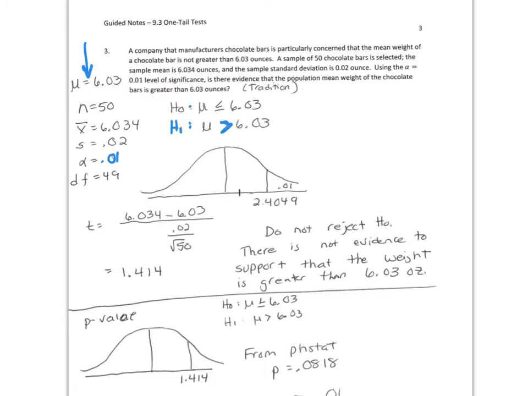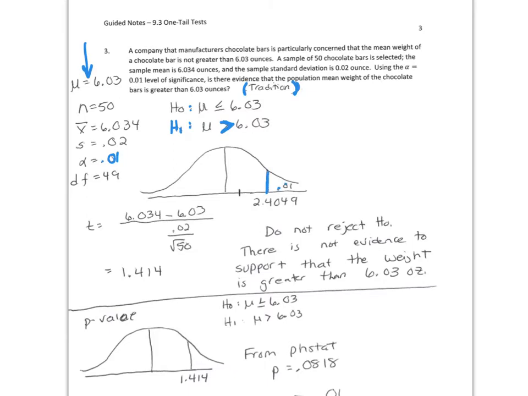That means H sub 0 has got to be everything else, otherwise known as mu is less than or equal to 6.03. We are doing what method here? We're doing the traditional, critical value approach. So the next thing I do, I go to alpha. We know it's a right-tailed test, so I'm up here.